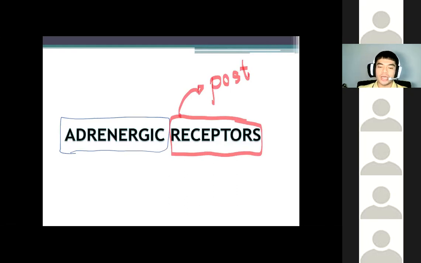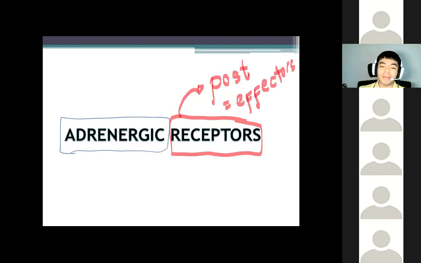And take note, ang post synapse having receptors could mean in the effector organs. So in other words, ang pag-uusapan natin dito na receptors ay yung mga receptors na nasa effector organs. What's the importance of telling you this? Effectors are the organs being tasked by our brain to adjust.